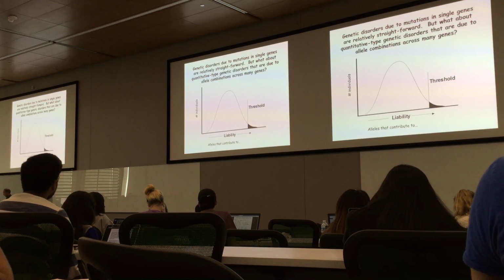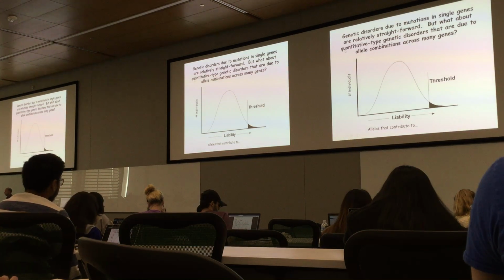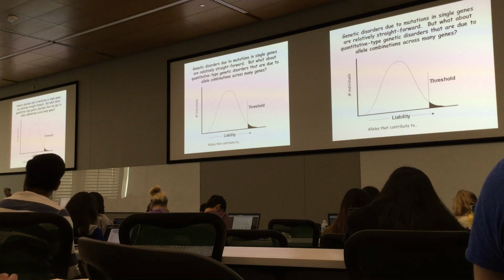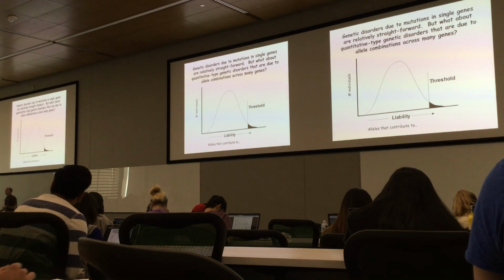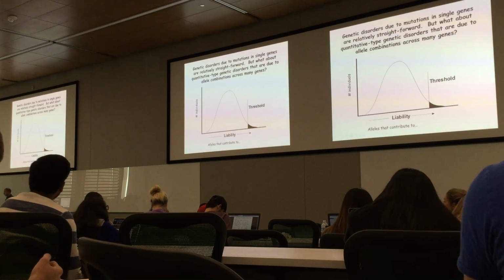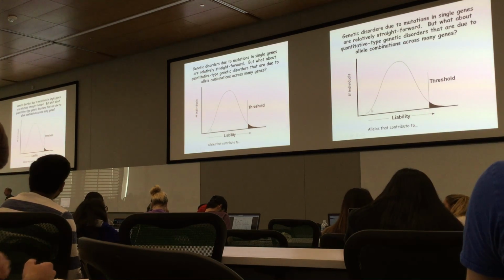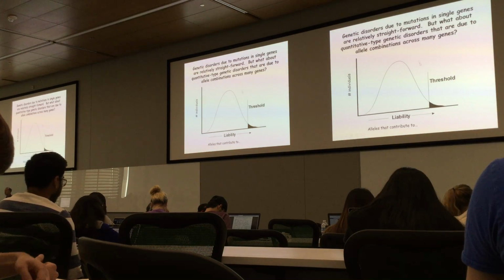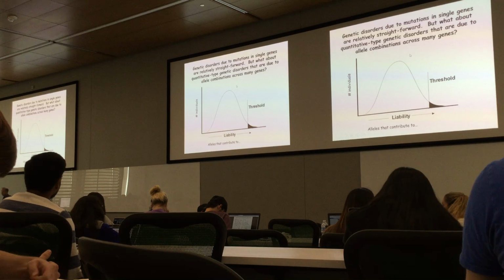But the idea is kind of listed here, and that is for quantitative type genetic disorders, which are due to the collection of alleles in one person or another person, predisposition to particular disorders isn't as simple as yes, you have the allele or yes, you don't. It's more like this. Individuals with a collection of alleles can be placed anywhere along some kind of phenotypic liability curve.